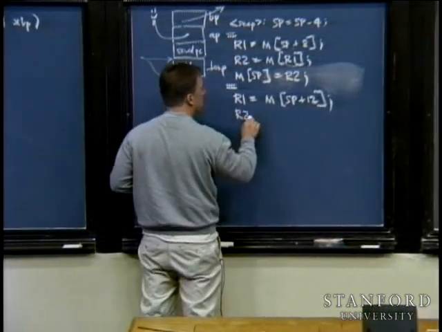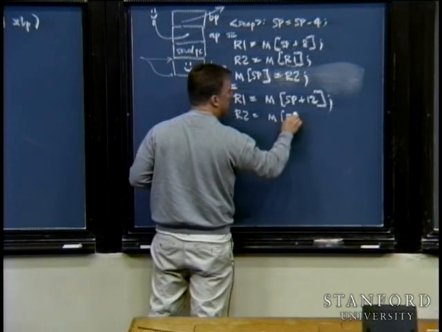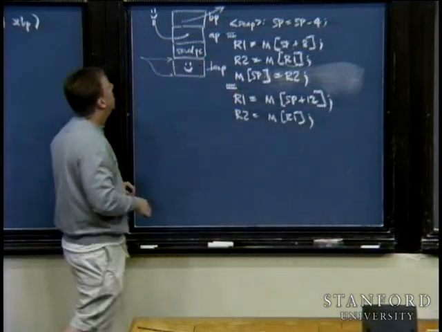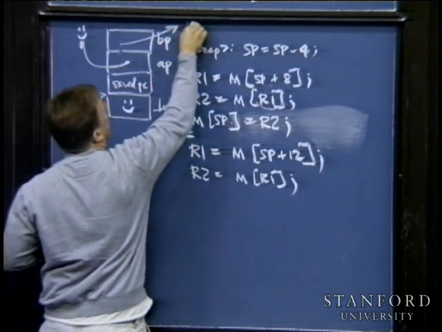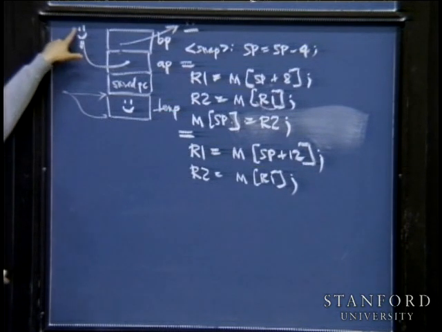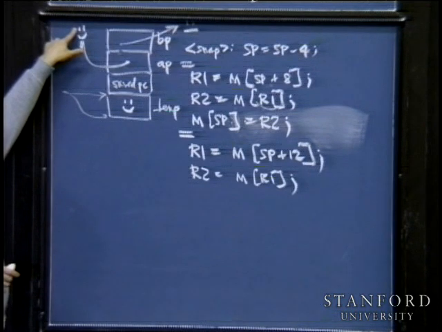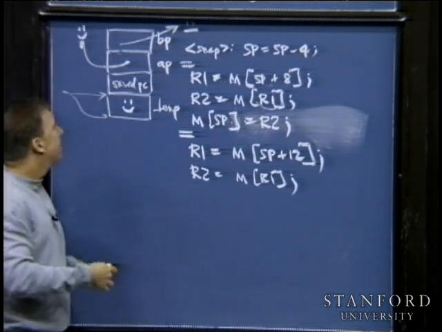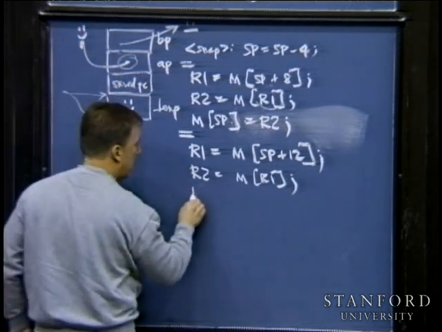In R2, I'll do M of R1, but R1 has a different value this time. Maybe it is the flat emoticon. And that gets loaded into the R2 register. That's what actually has to be written over this smiley face right there. Make sense? So in order for that to happen, I have to load this again.